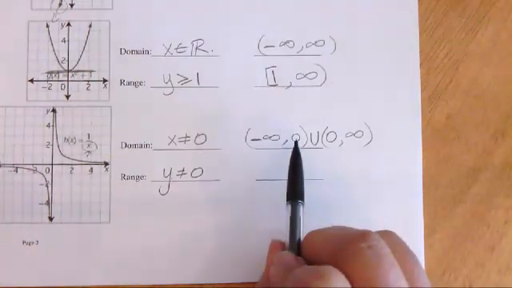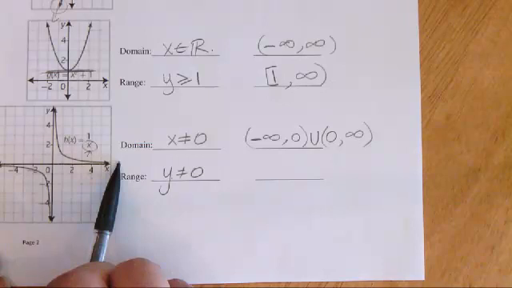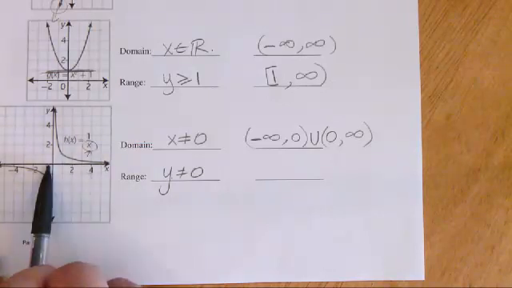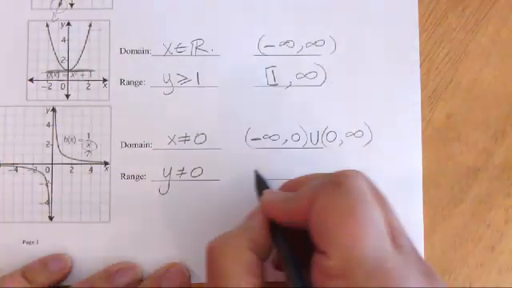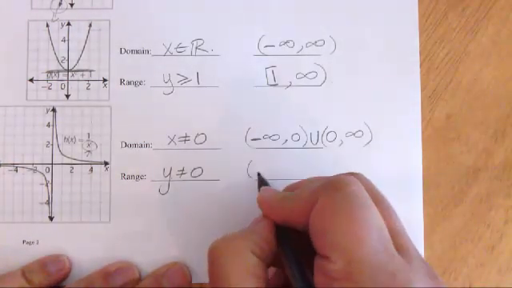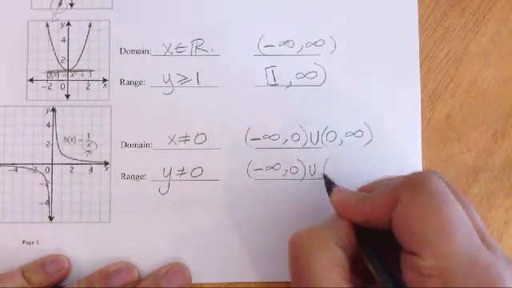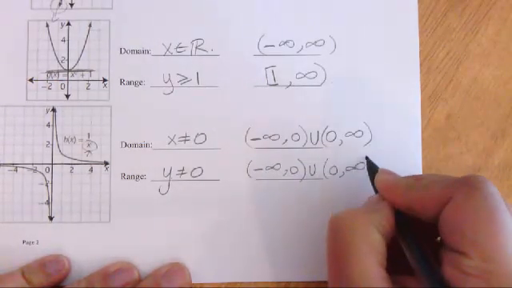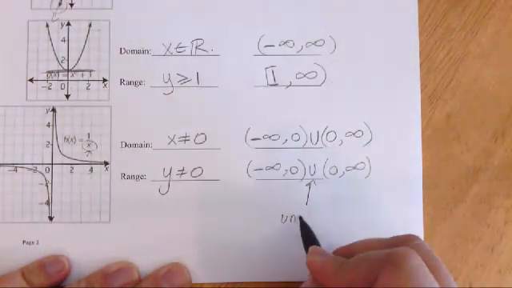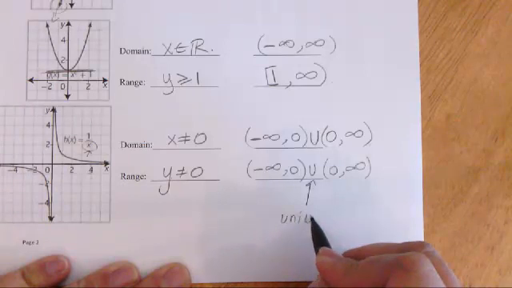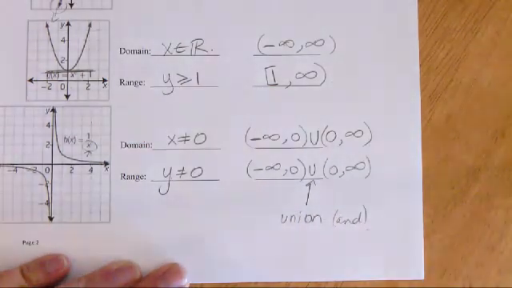So we're taking account of these positive x values greater than 0 and these negative x values less than 0. And so our range ends up looking exactly the same. Again, that's a union. If you want to think of layman's terms, it means and.